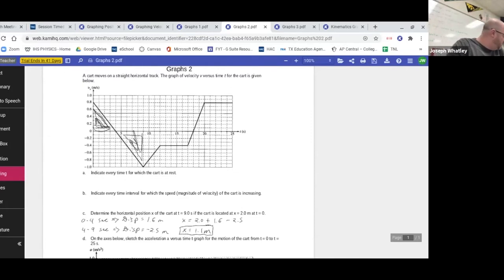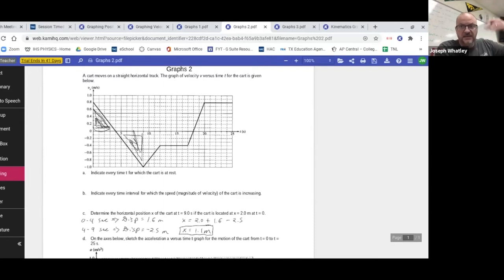Then it says determine the horizontal position of the cart at 9 seconds if the cart has an initial position of 2. I didn't write out the equation here; I just went straight to it because I was running out of time this morning. What I did is calculate the area under the curve for the displacement. From 0 to 4 seconds, I had to get the area of that triangle.